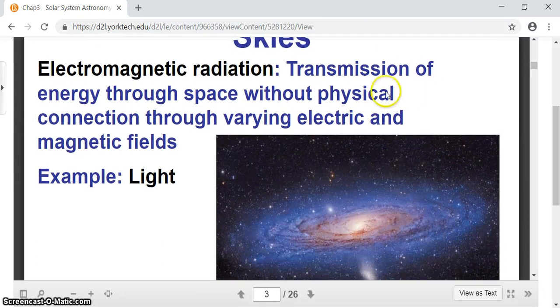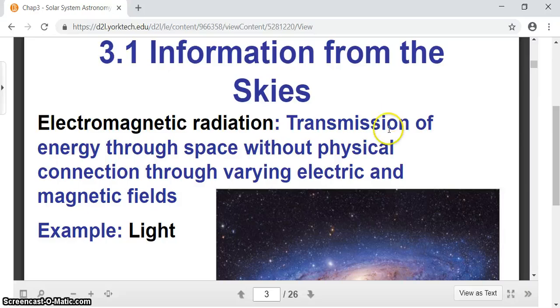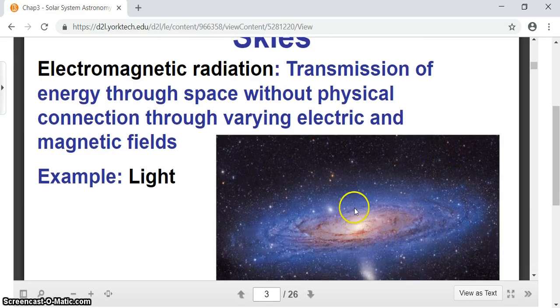So as I just mentioned, the light from the stars like this, of course, is what's called the Andromeda Galaxy. It's the nearest large galaxy to the Milky Way, and it actually is about twice as big as our own galaxy.